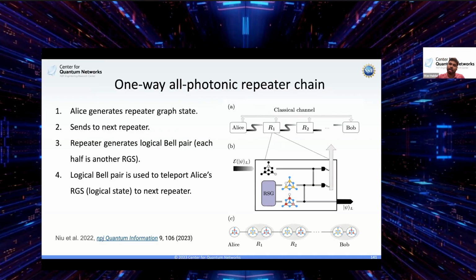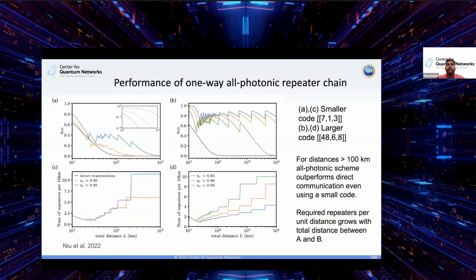And the resource that gets consumed is a logical Bell state, which, instead of some other encoding that one would use in the memory-based scheme, here the logical state would be the repeater graph state. So you have a Bell state, each of whose A and B are repeater graph states themselves. You use this logical Bell state to teleport forward the graph state, and that gives you error correction.